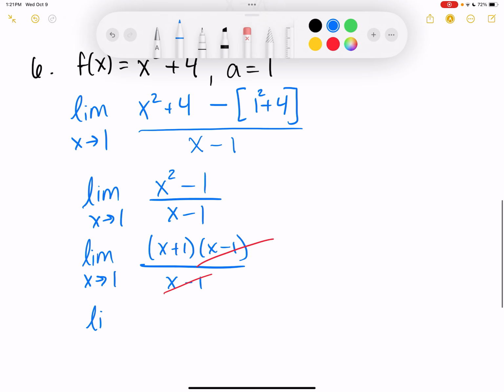So I have the limit as x approaches 1 of x plus 1, which equals 2. What do you know? It's the same thing. Wow. Isn't that wild? That's insane. Complete insanity.